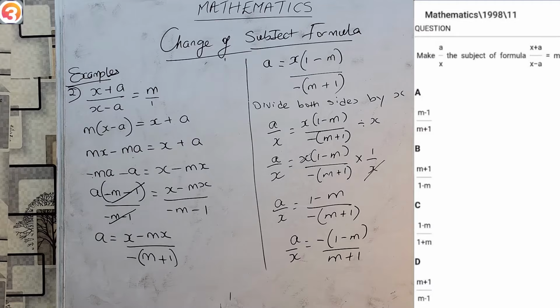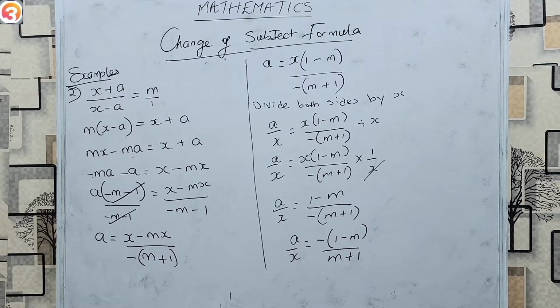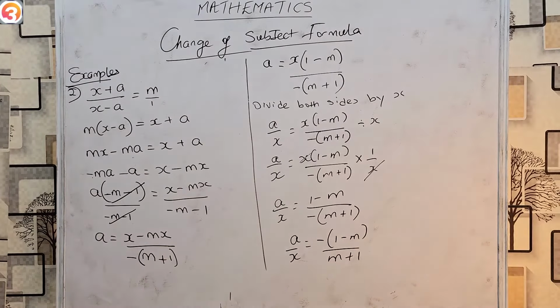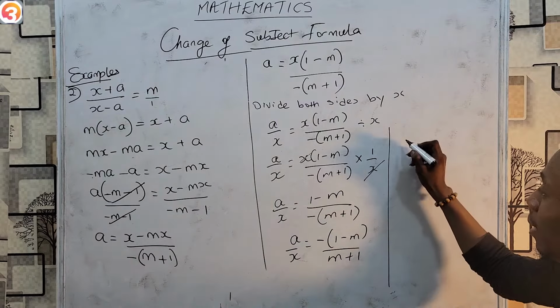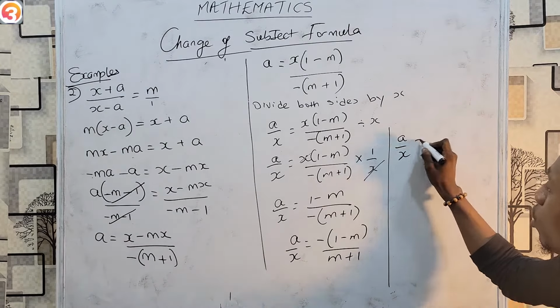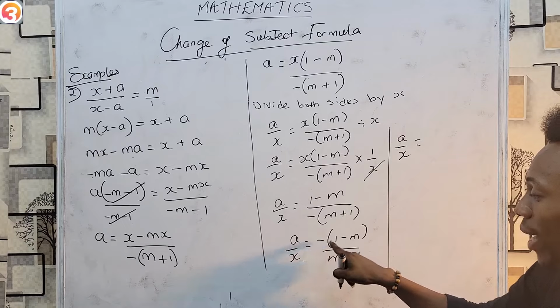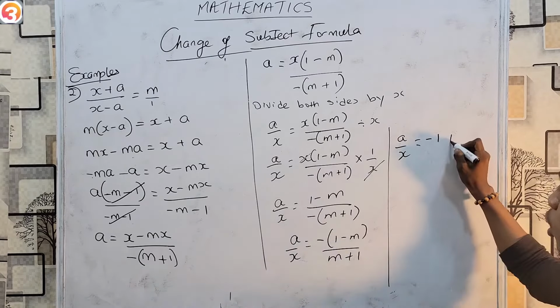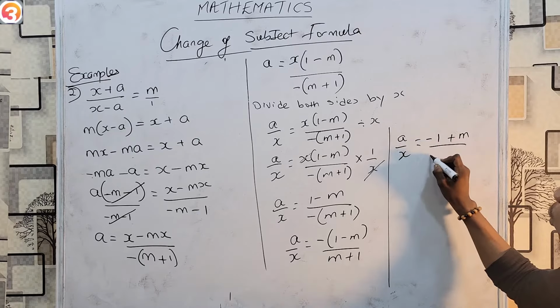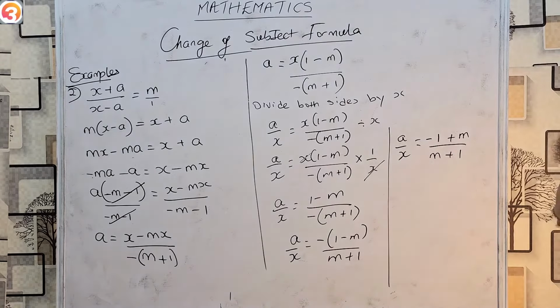Now look at my options. Do I have something like m plus 1? Yes. However, that doesn't mean I have minus 1 minus m. So what can I do? Quite simply, one last line. A over x equals, open this bracket, minus times 1 minus 1 minus times minus plus m over m plus 1.